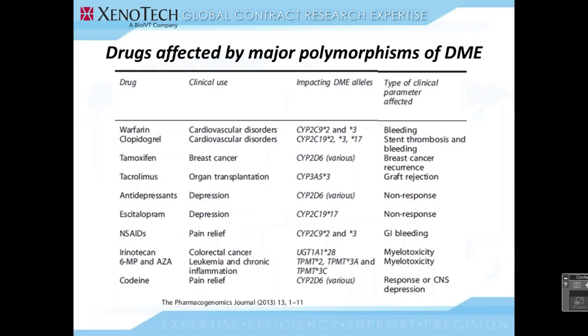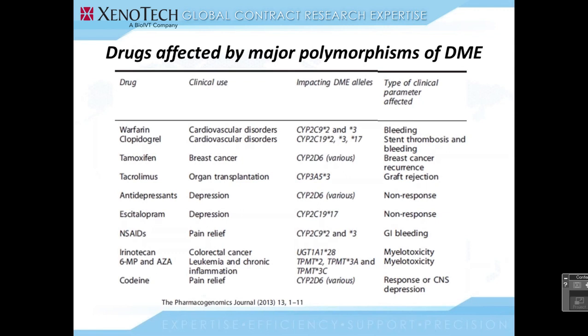Drugs developed for treatment of diseases across all therapeutic areas are affected by major polymorphisms of drug metabolizing enzymes. Adverse drug effects include loss of therapeutic benefit, such as loss of a transplanted organ, recurrence of cancer, or lack of improvement in depression.